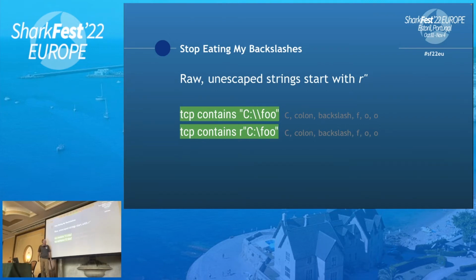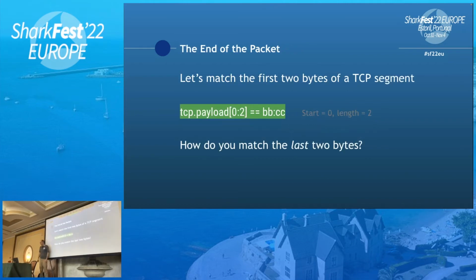And so I think it was either Wireshark 3.6 or Wireshark 4, I can't remember, we took something from Python called raw strings. You put an R in front of a string, and it will not process any of those backslashes. It will just take the string exactly as you type it. So if you have a situation where you look for backslashes all the time, you can make things a little bit more convenient now.